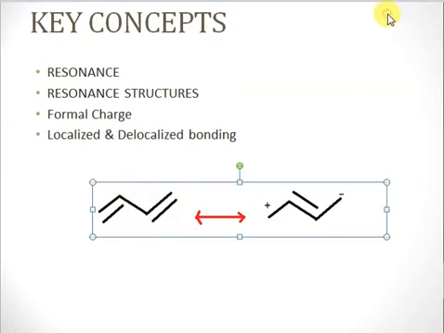But if we draw a double bond right here, we create a problem with the valency rules: this carbon will have 5 bonds, and similarly this carbon will have 5 bonds. So we cannot draw this structure, and if we draw only the first structure, we cannot justify the bond length of the central carbon.